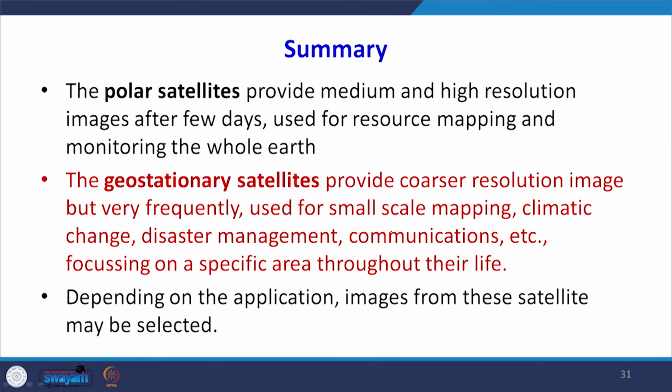Now, if we summarize, what is the utility of the polar satellites, what is the utility of the geosynchronous satellites? Polar satellites are providing us medium to high resolution images after every few days, and those images are very, very useful to us to carry out resource mapping, to update our maps, to monitor the whole of the globe, because we get a lot of data after a certain interval of time.